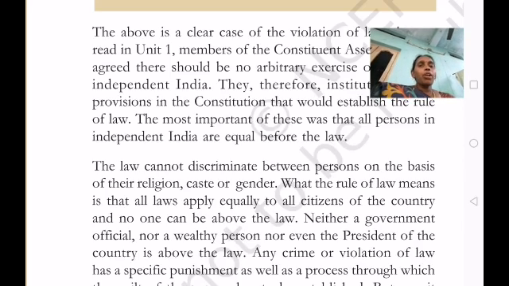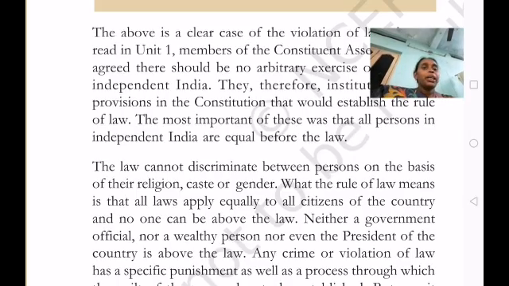What the rule of law means is that all laws apply equally to all citizens of the country, and no one can be above the law. Even MLAs or MPs, whoever it may be, neither a government official nor a wealthy person nor even the president of the country is above the law. Even the president of the country should follow the rules and regulations.